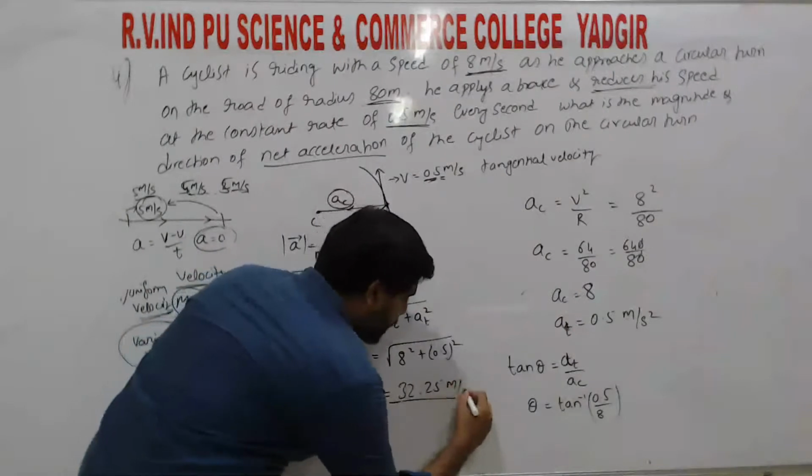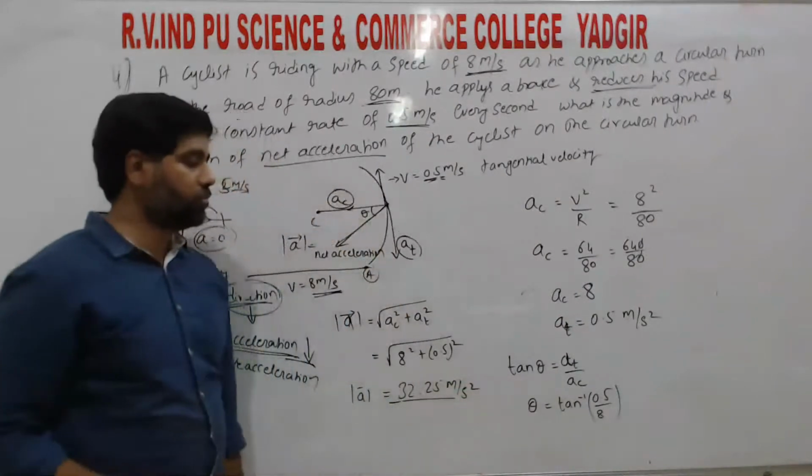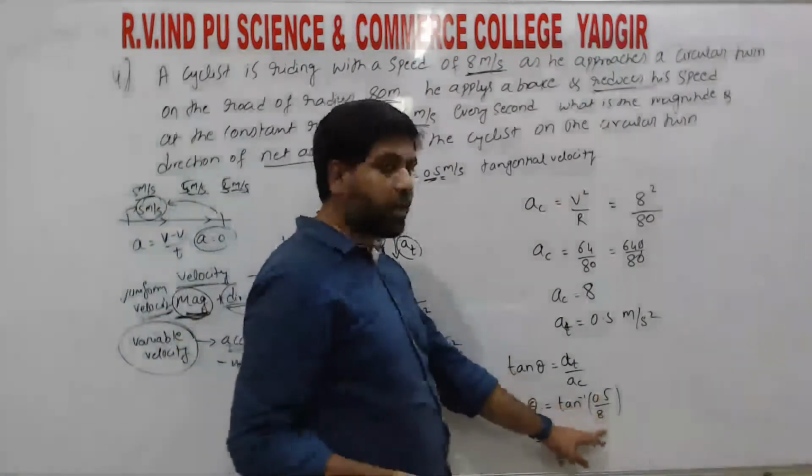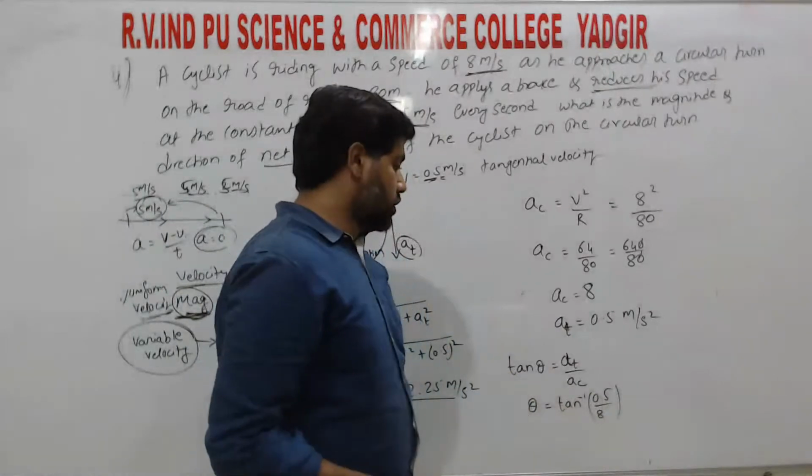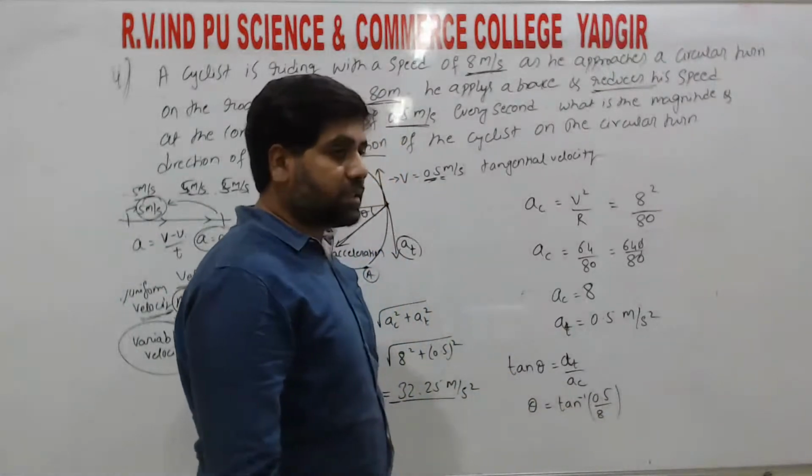So that is approximately 8.03 meter per second square. Here 0.5 divided by 8 is 1 by 16.